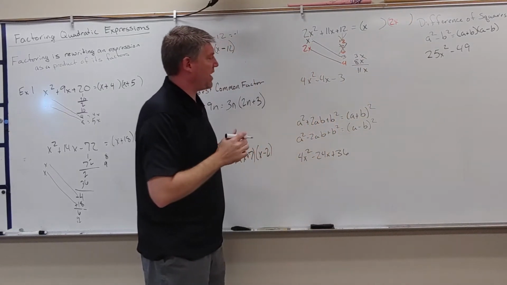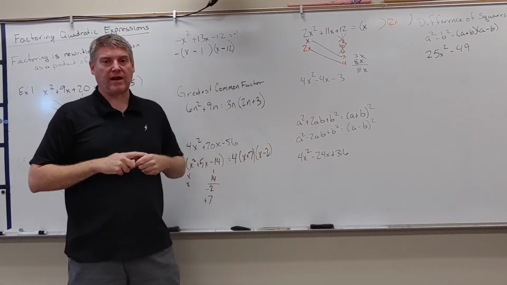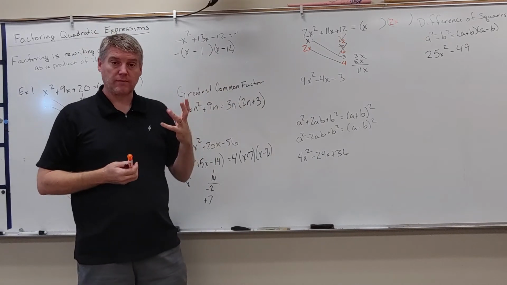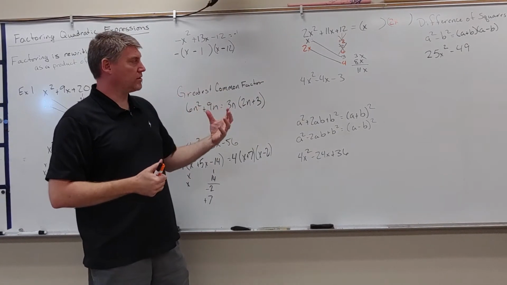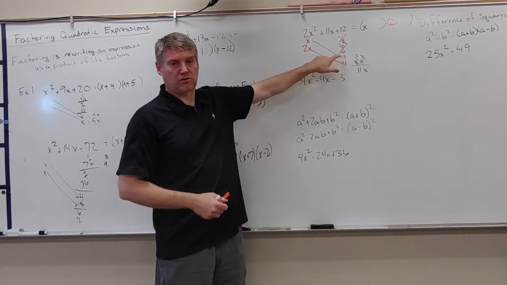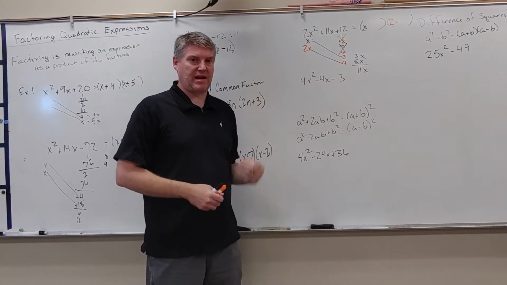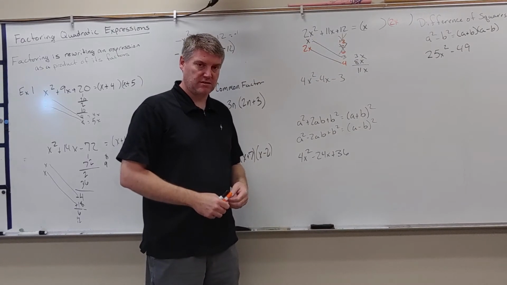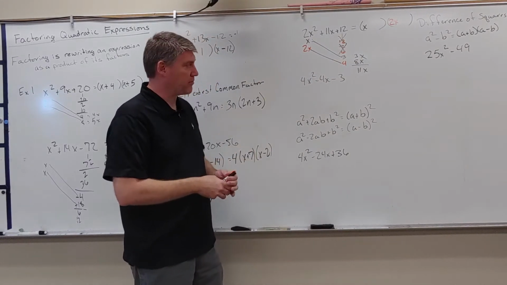Notice that I put x in black and 2x in orange. When we're looking at this, x is multiplying 3, so x and 3 cannot be in the same parentheses. They have to be in different parentheses.